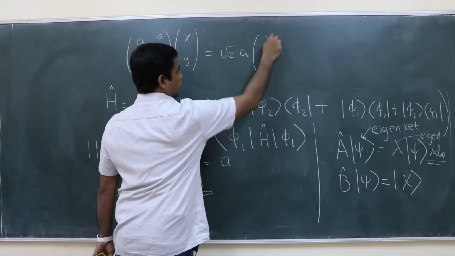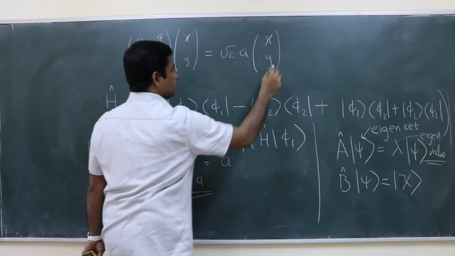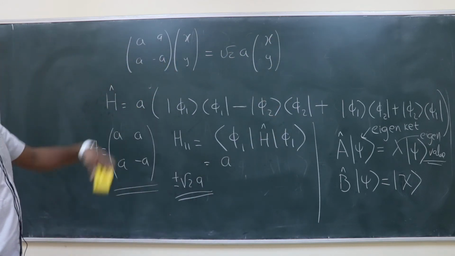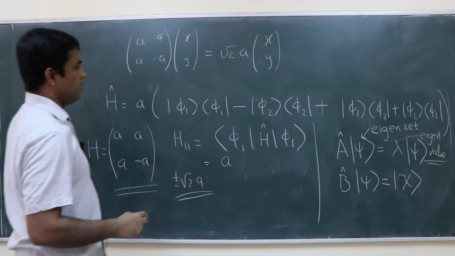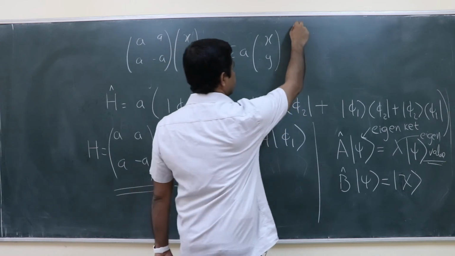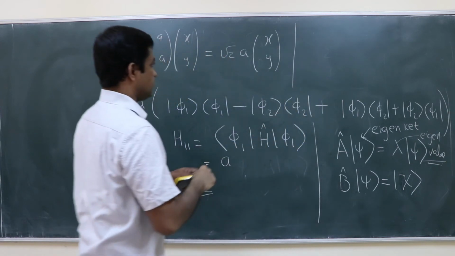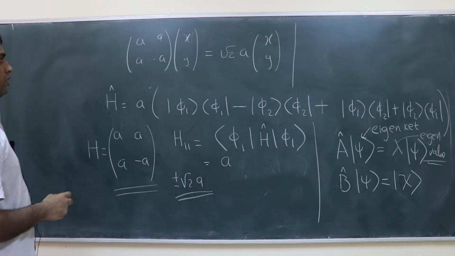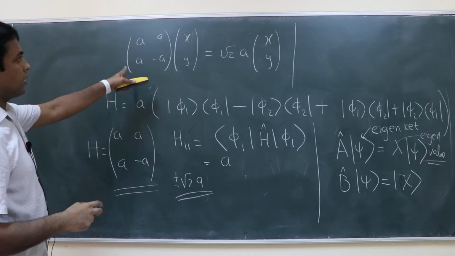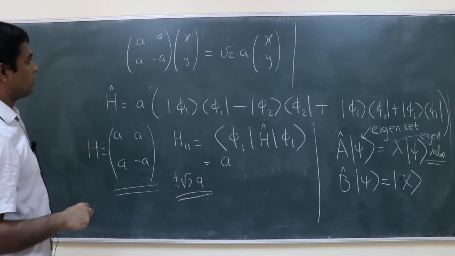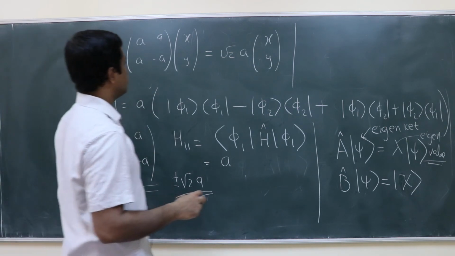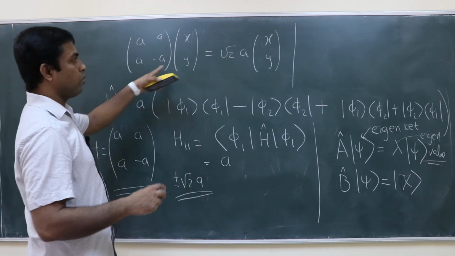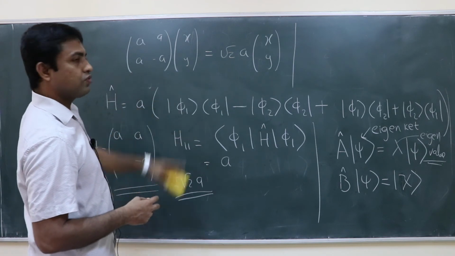Now you have to solve this. If you solve this, what do you get for x and y? If somebody has already done it, you can give me the answer. Otherwise, you find out. Anybody has done this? If you solve this, what do you get? Anyway, a will cancel from both sides.